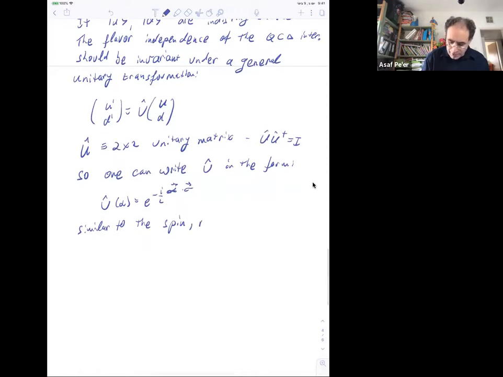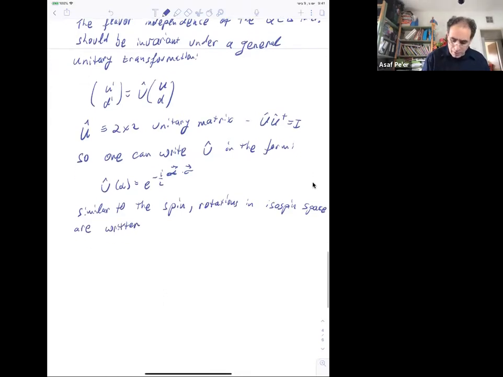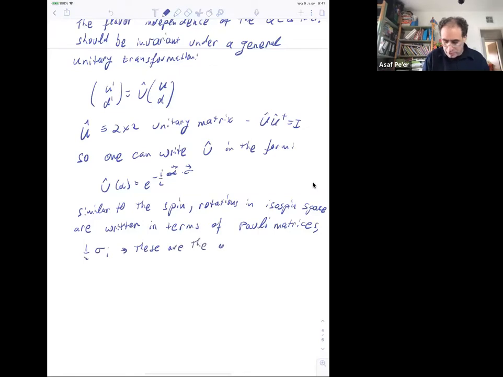Rotations in isospin space are written in terms of Pauli matrices, the generators of the SU(2) symmetry group.